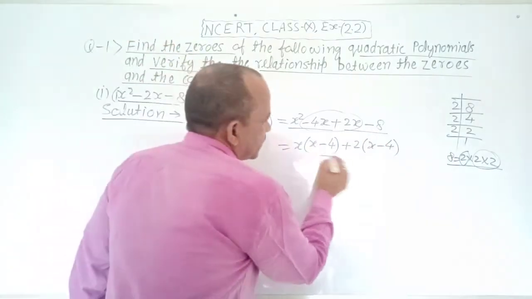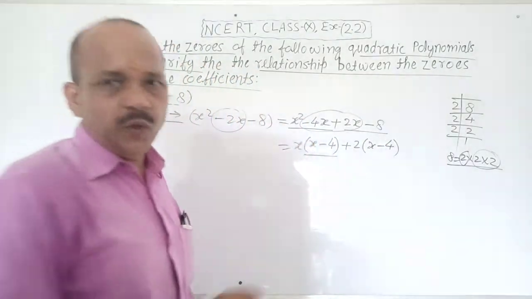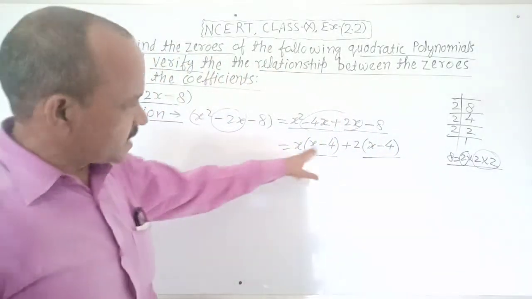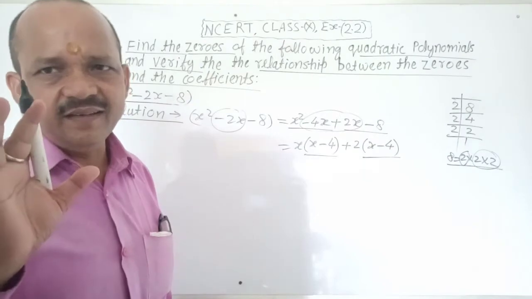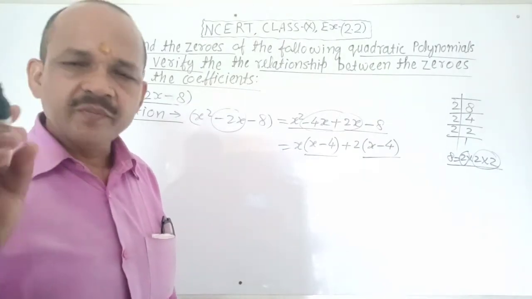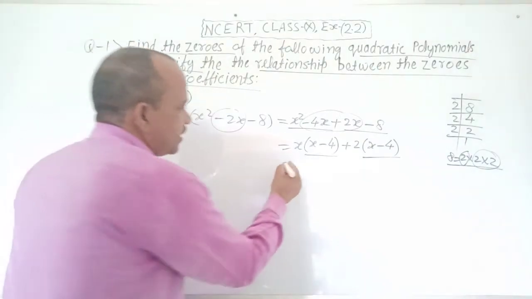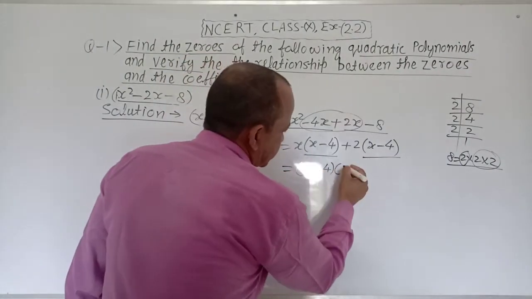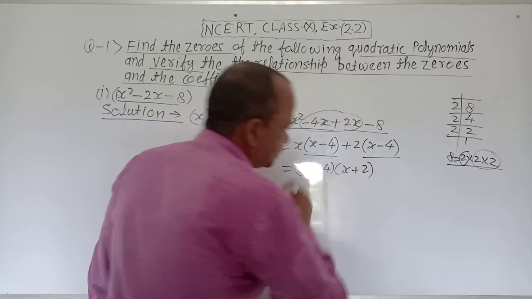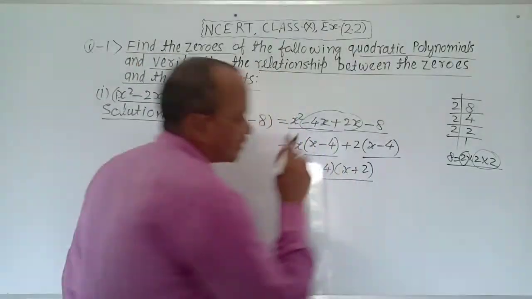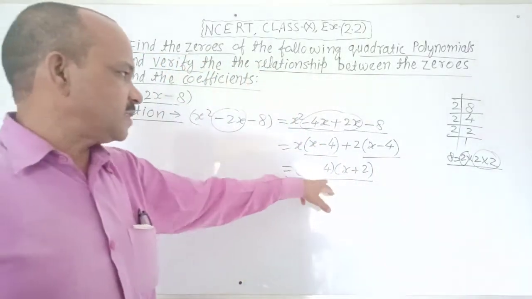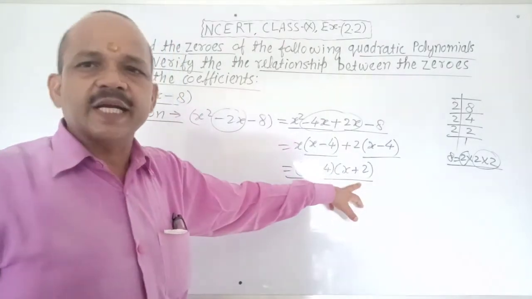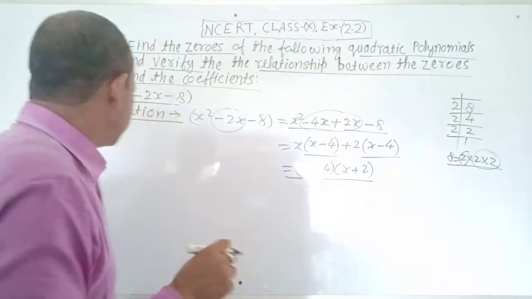Here, in the first brackets x minus 4, in the second brackets x minus 4. It means it is correct. Clear? No confusion about it? Very good. You can write it as x minus 4 in first brackets, x plus 2 in second brackets. Clear?